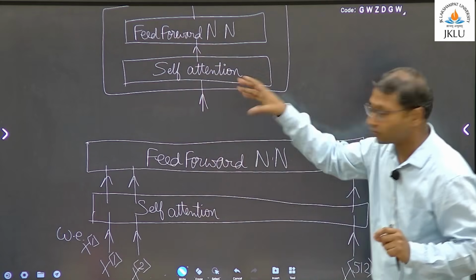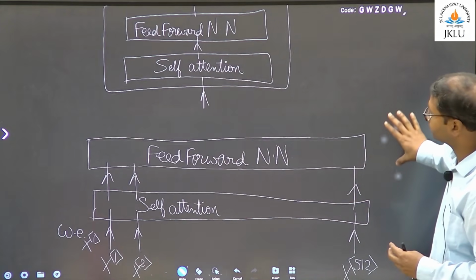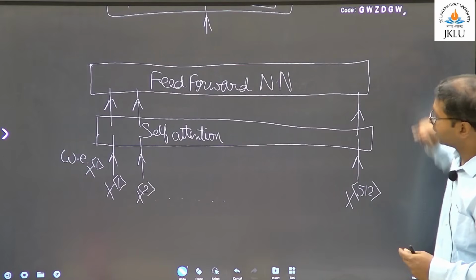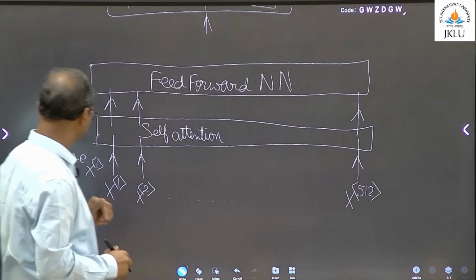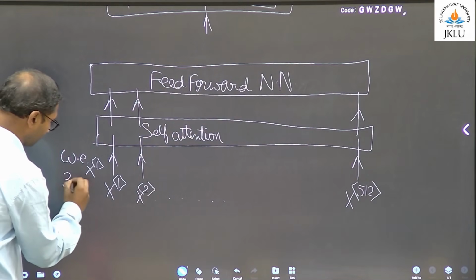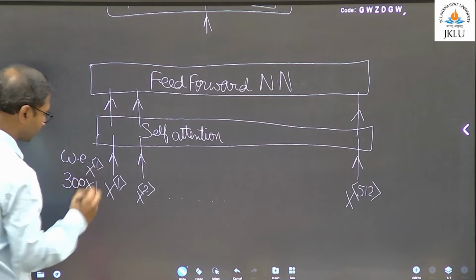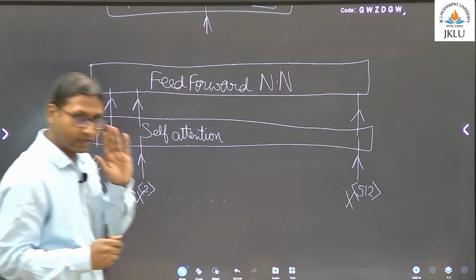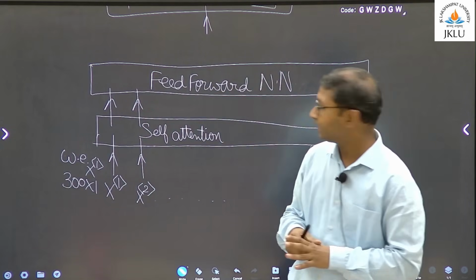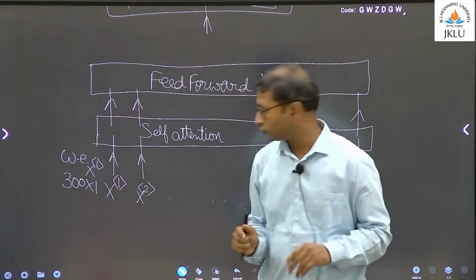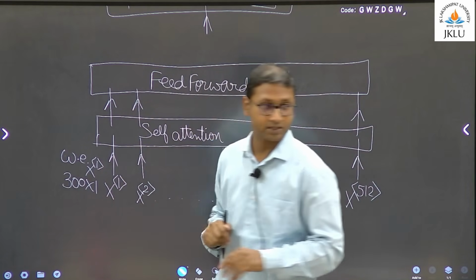Now we are trying to see what is inside even them. So what are the dimensions of word embedding x1? We have been taking a standard 300 cross 1, and I have said it n number of times. This doesn't have to be 300 cross 1. It can be whatever you want it to be.